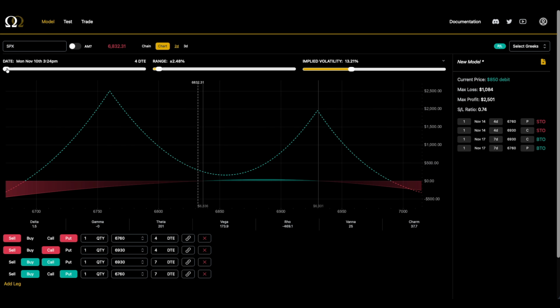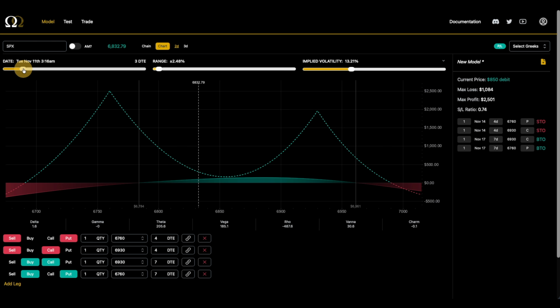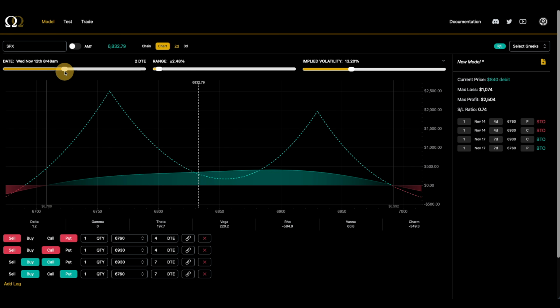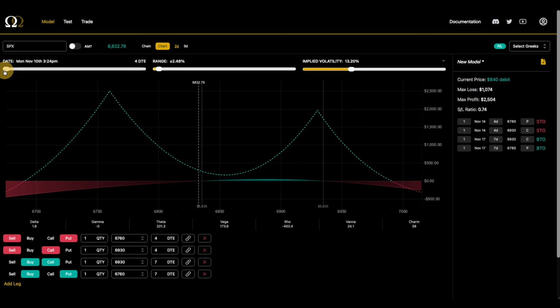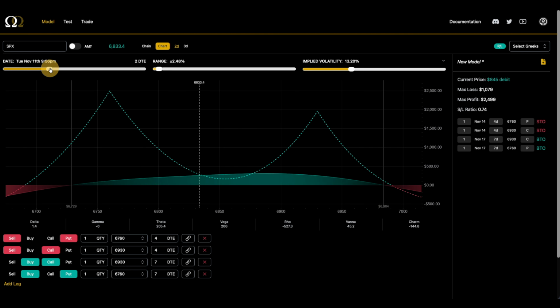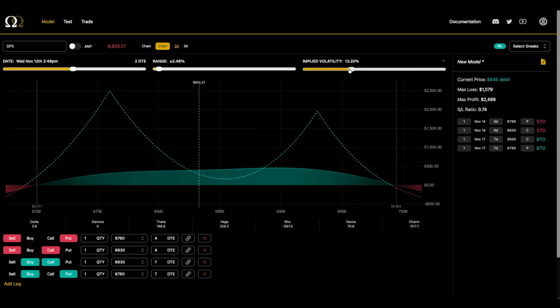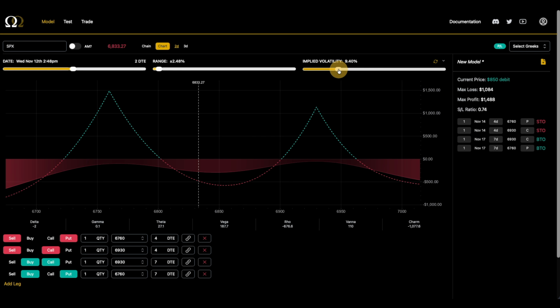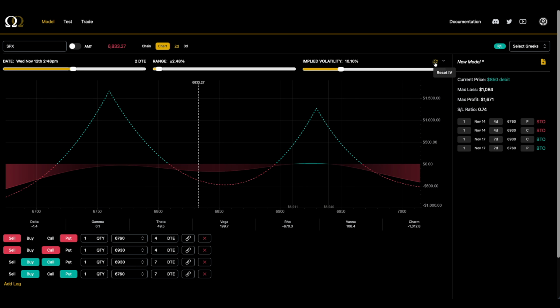Actually, this is not a bad example of one that's like, man, no matter what happens, we're going to make money. False. There are some too that you can model and it looks like you'll never lose money. False, because calendars, time spreads are tricky things. You can have changes in the vol that you just don't expect, right? Like, who knows what's going to happen?